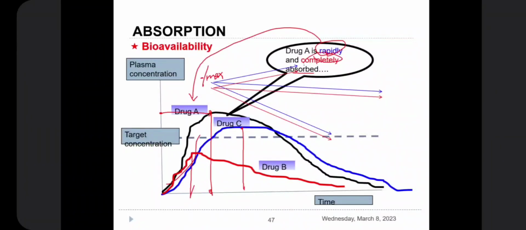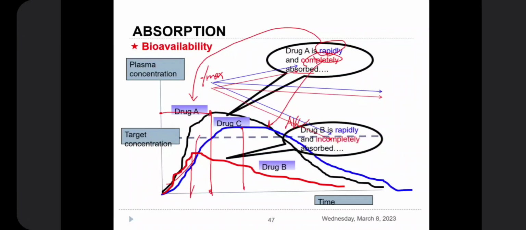And completely, we will see the AUC. The AUC of A is the biggest, so it is completely absorbed. And drug B has rapid absorption but incomplete absorption.